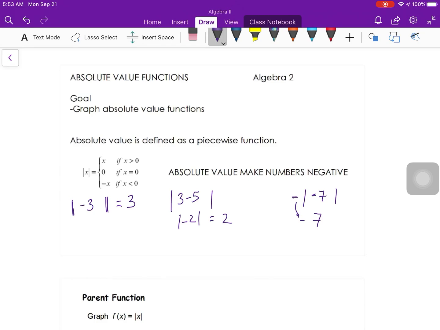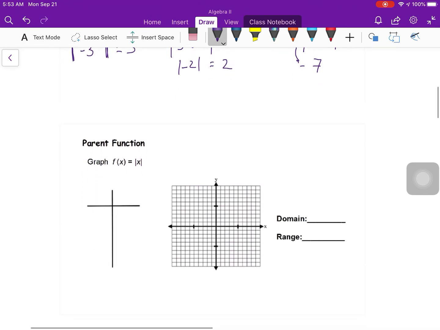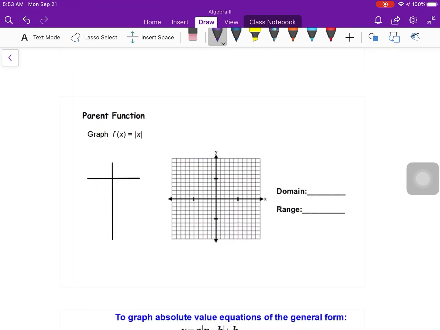But anyways, I'm going to start introducing this concept. It's called parent functions. So the very basic, bare bones absolute value function is f of x equals the absolute value of x, or y equals the absolute value of x. So I'm going to pick some x values: -2, -1, 0, 1, and 2. If you want, you can put in -3, -4, -5, and I can keep on going 3, 4, and 5, and so forth.